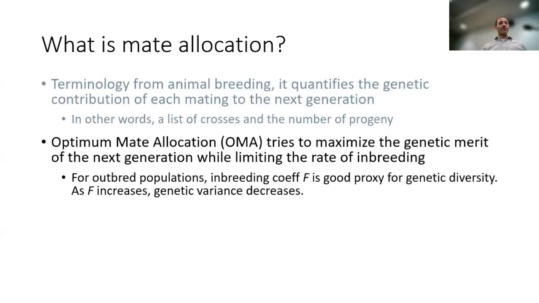So the concept of an optimum mate allocation is this: you want to maximize the genetic merit of the next generation. That's what selection is trying to do. But you have to be careful because you need to worry about inbreeding when you're talking about an outbred species. And as polyploid crop breeders and even diploids, we're talking about outbred species in this community.